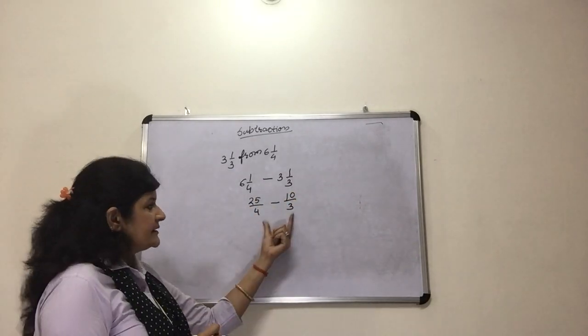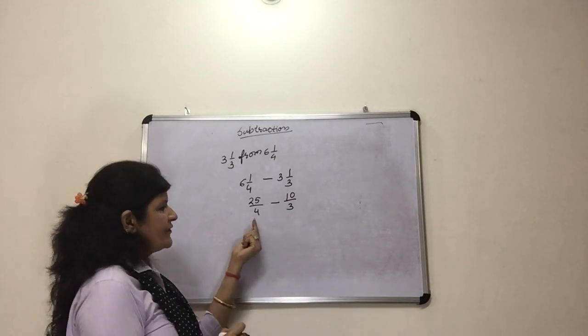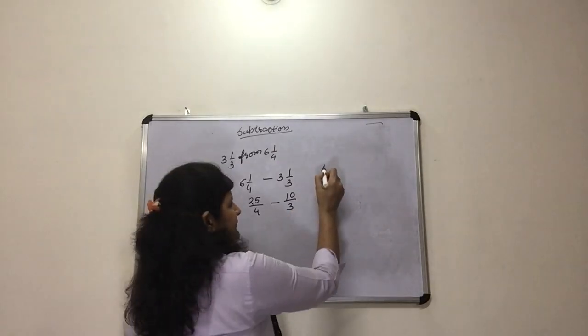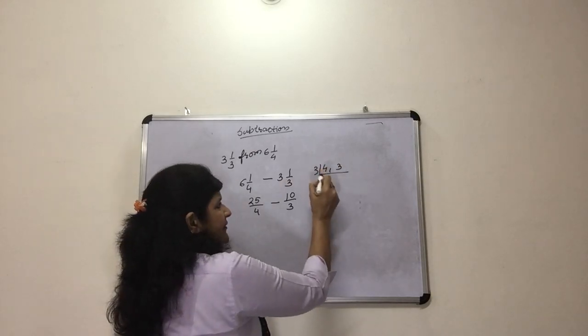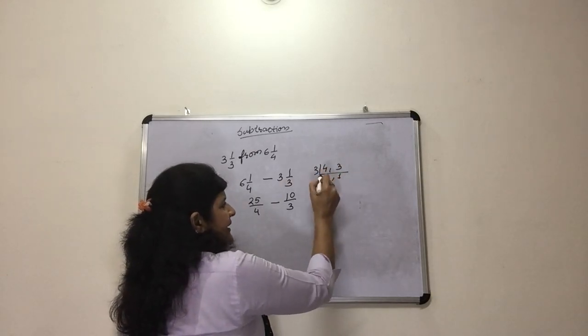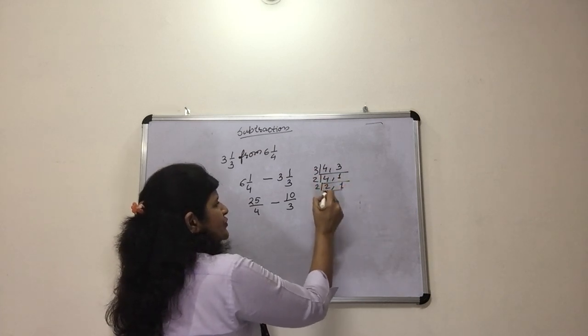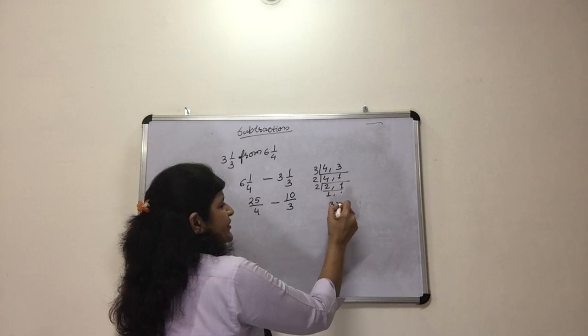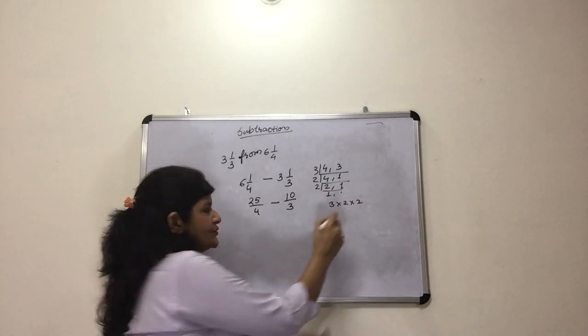Right? Now this is an unlike fraction. So we will take the LCM of the denominators. So 4 and 3 are the denominators. 3 is a prime number, it will come in its own table. 2 2s are and 2 1s are. So this is 3 2 2. 3 2s are 6 and 6 2s are 12.